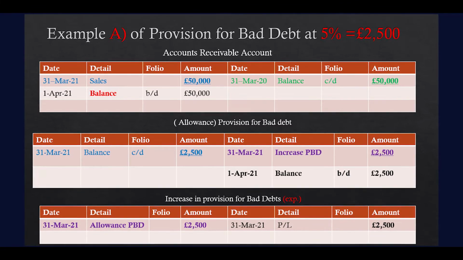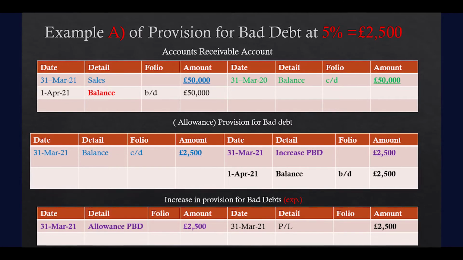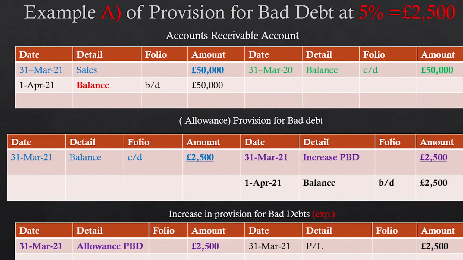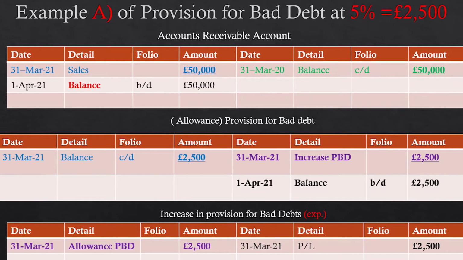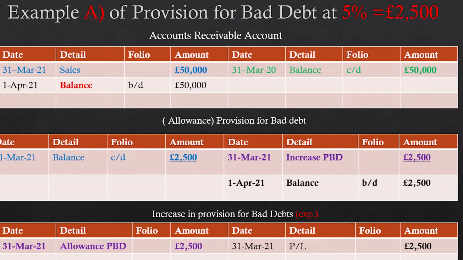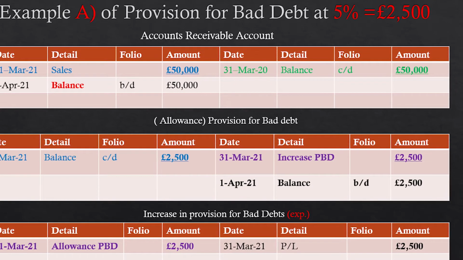If it's an increase, expense accounts are debit accounts, so we go on the opposite side. So we say the 31st of March 2021, the allowance, provision for bad debt, 2,500, and then in the allowance account we have the opposite, which is the increase in provision for bad debt, 2,500 on the credit side. And then we can balance those accounts.